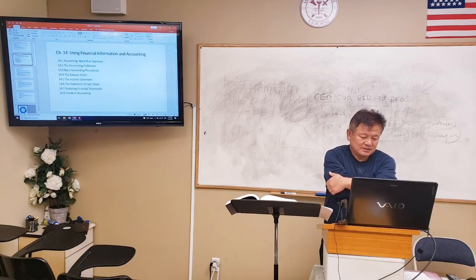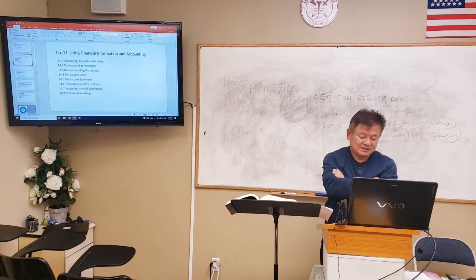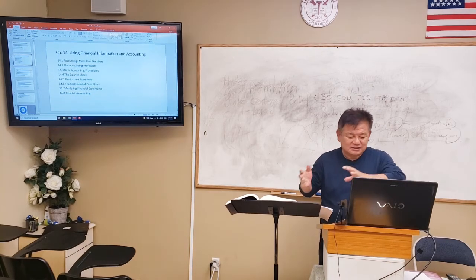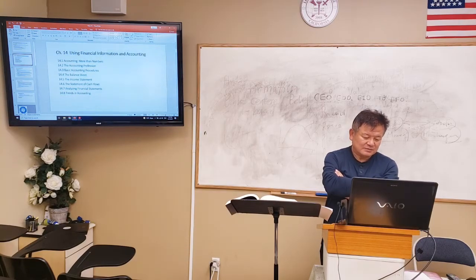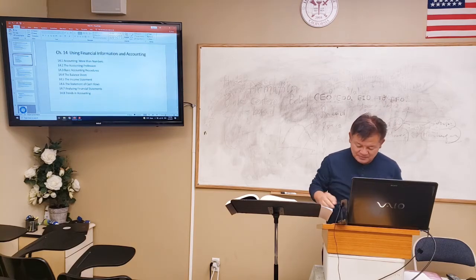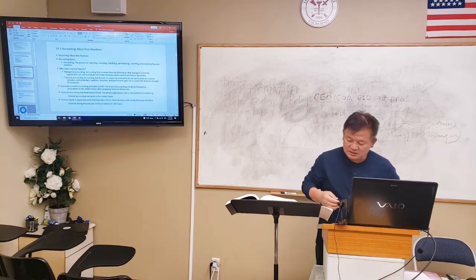Then the accounting profession, basic accounting procedures, the balance sheet, income statement, statement of cash flow, and analyzing the financial statements, and how we use them. The last part is trends in accounting and financial reporting. First, accounting is more than numbers.